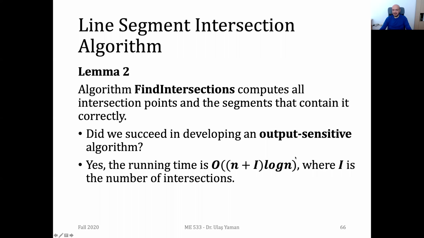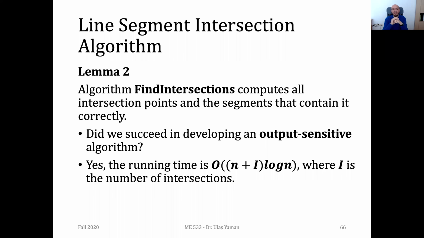But finally, I can say that this is our overall time complexity, and it depends not only on the number of segments, but also on the number of intersection points. And this logarithm comes from the data structures we are using. We are using two main data structures, one for storing the events and the other one for storing the status.